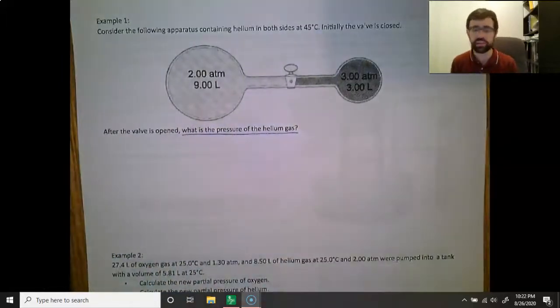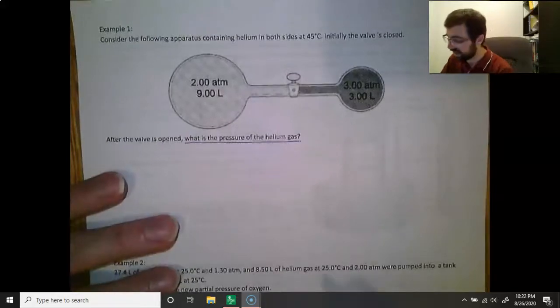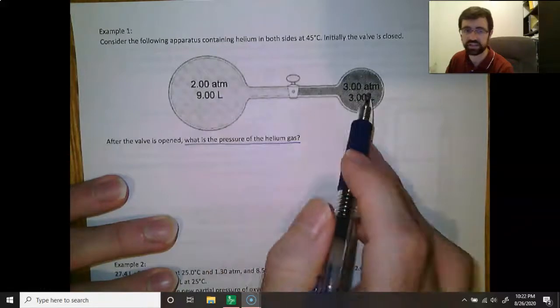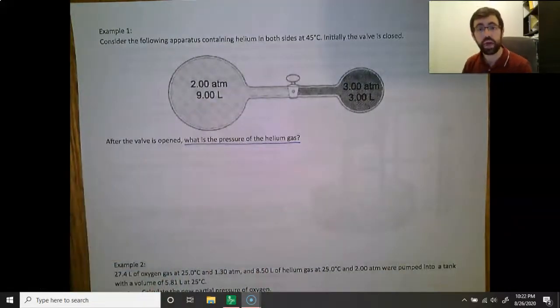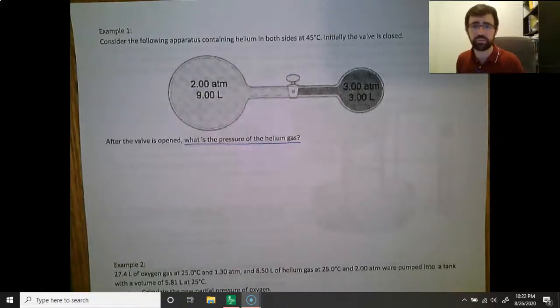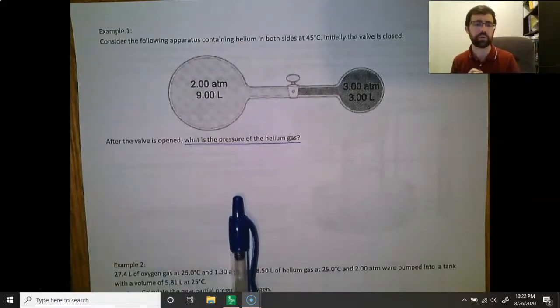Now, it's really tempting to look at this and say, oh, it's just Dalton's law, 2.00 atmospheres plus 3.00 atmospheres. Well, that would make this 5.00 atmospheres. Sounds like a pretty reasonable thing to do, but let's think about what we're saying there.